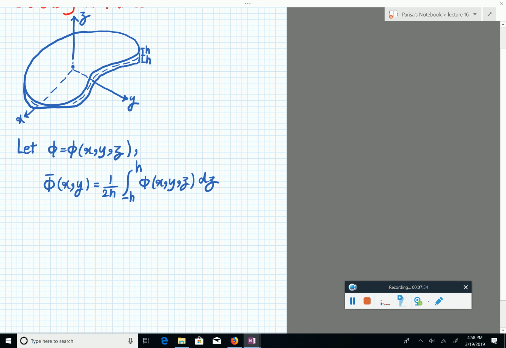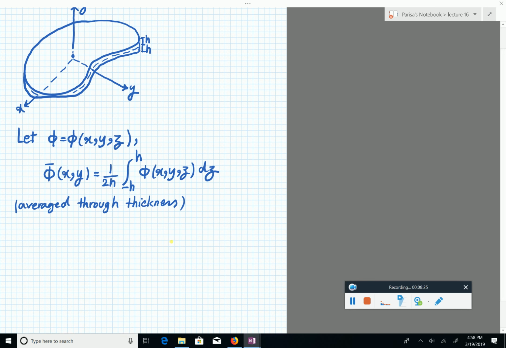So this is the averaged field through thickness. By taking this averaging, we get rid of dependence on z, so phi bar is just a function of x and y.